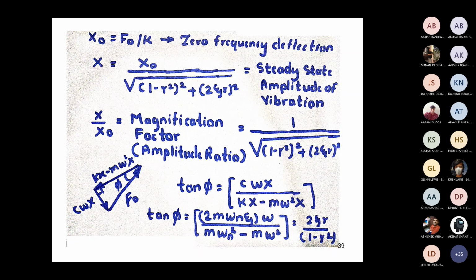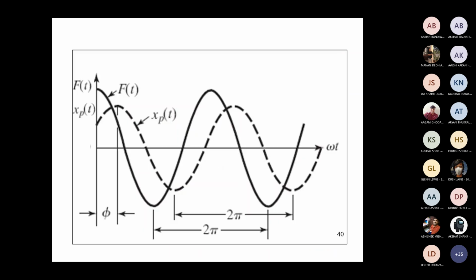Any questions? So both the responses are superimposed and plotted. f of t is the applied force, and the response xp of t is the steady state, or particular integral, solution.